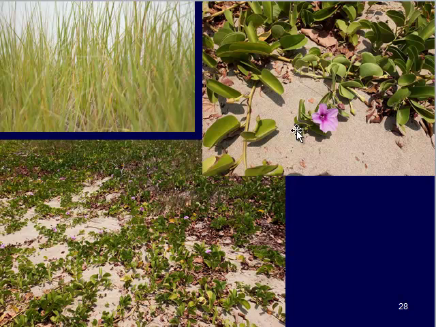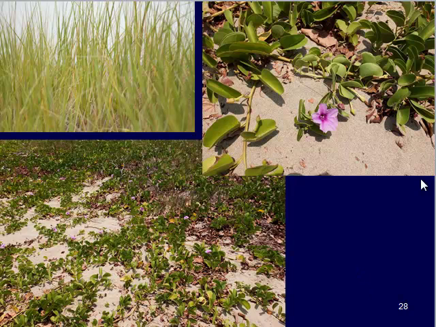These other two pictures are pictures of a type of plant in Hawaii that lives in the sand. So it likes sandy, well-drained soils. It can withstand changes in salinity. So when the tide gets really high and brings in salt water, this plant can actually withstand that, which is pretty amazing.